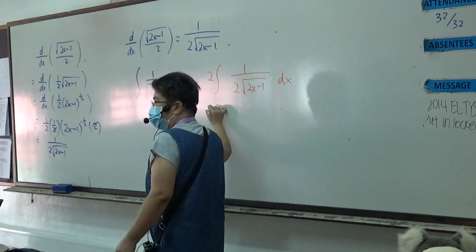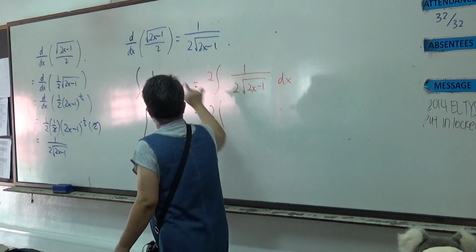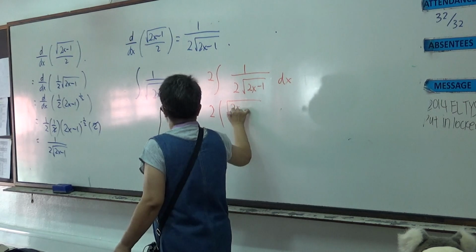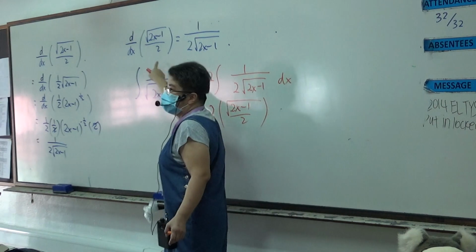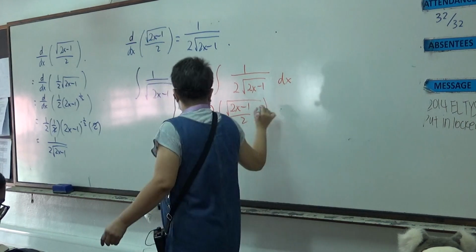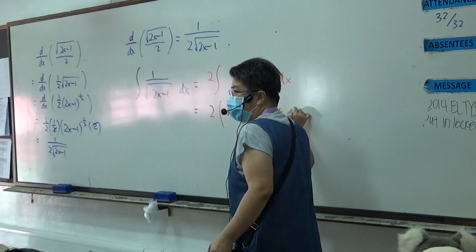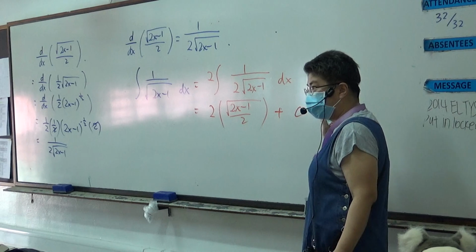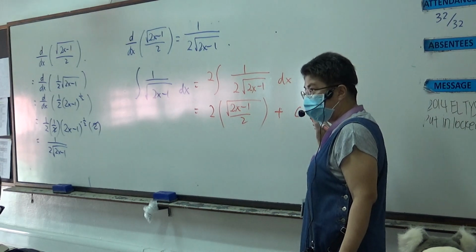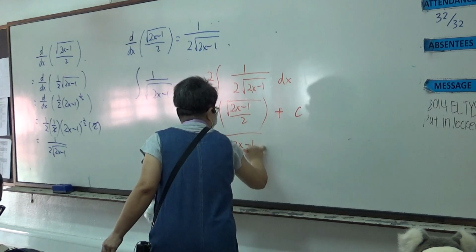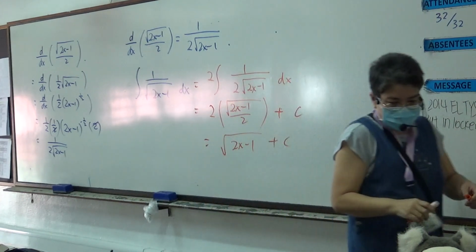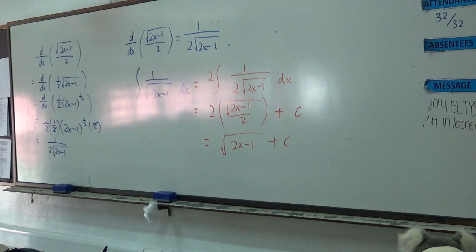So, it will become what? 2 times. I don't need to do it already, right? Because this one integrated is this one, correct? Then I must plus c, because there's a constant. So I cancel this off. What's the final answer? Square root of 2x minus 1 plus c.